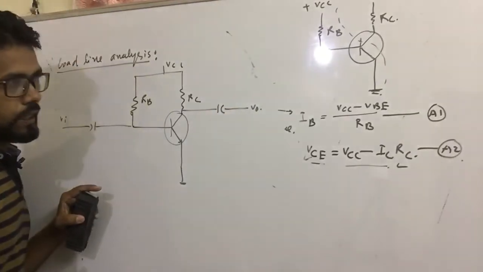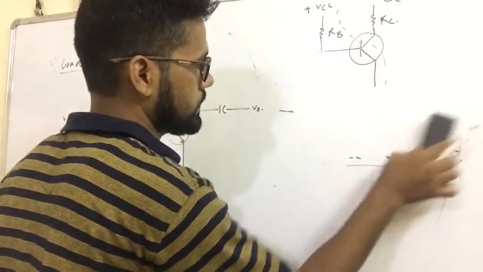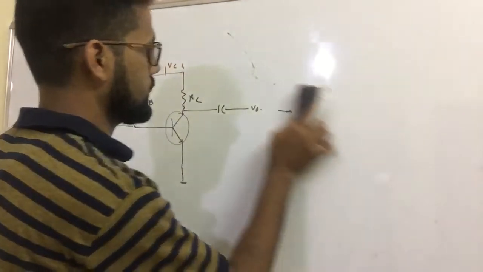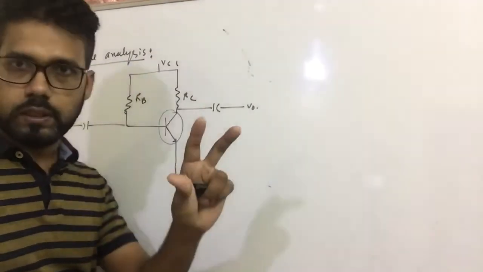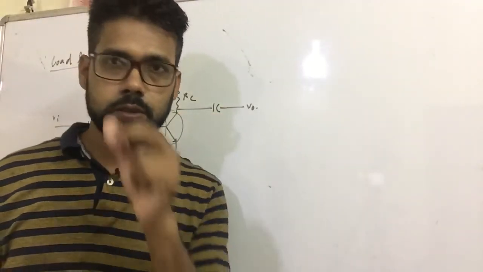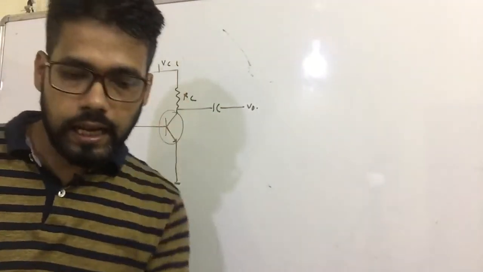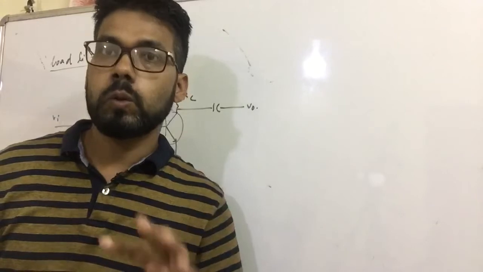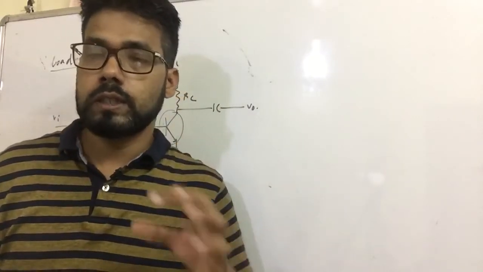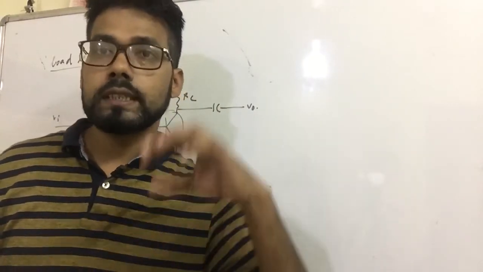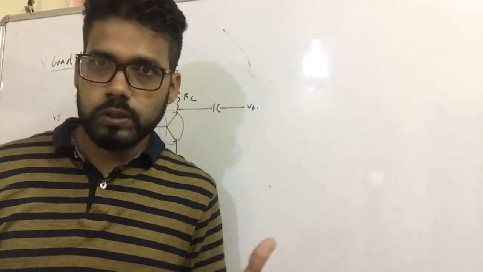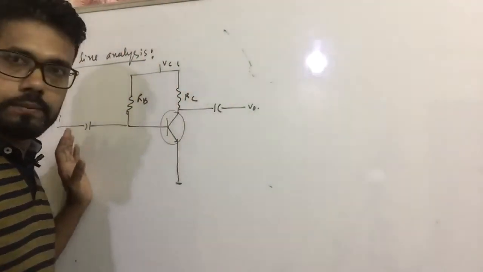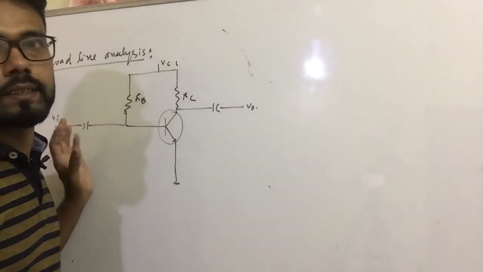Now suppose I want to use this circuit for amplification of a signal. So I have to know what the maximum voltage is, what the maximum current is, and what operating voltage we have to set, through which we can easily amplify the signal.